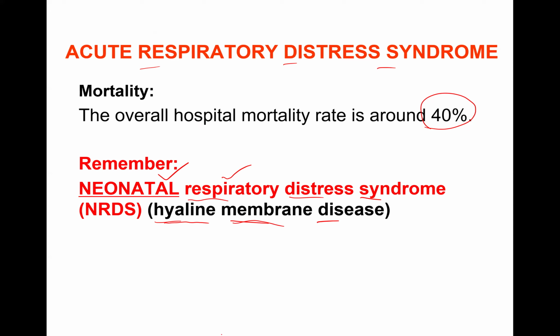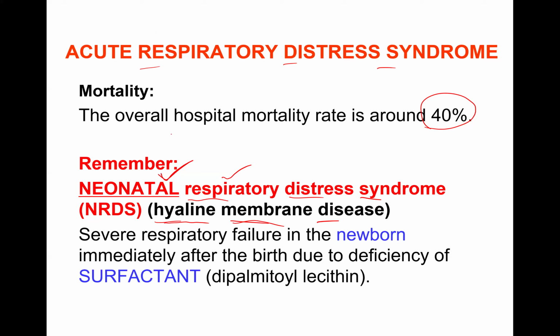Good. But here the patient is a neonate. And what is the cause that the newborn baby is suffering from severe dyspnea and life-threatening respiratory failure? It is because of deficiency of surfactant.